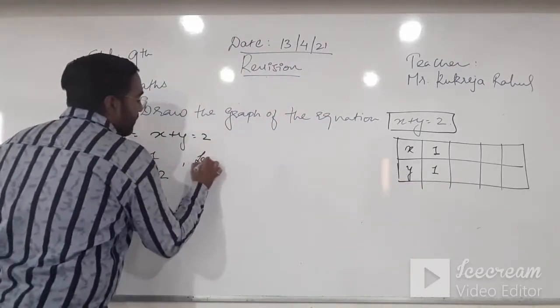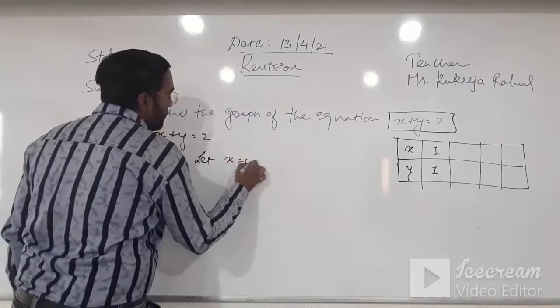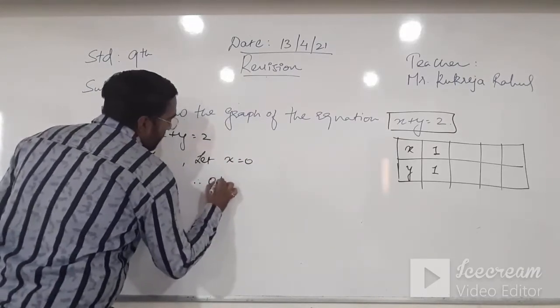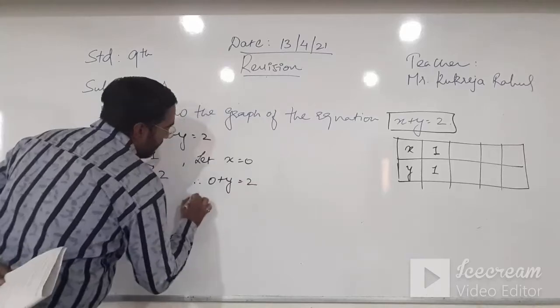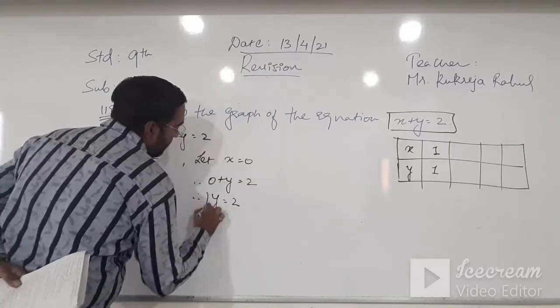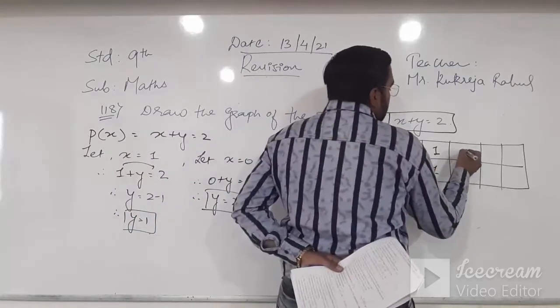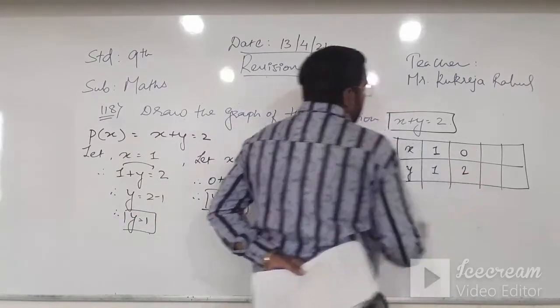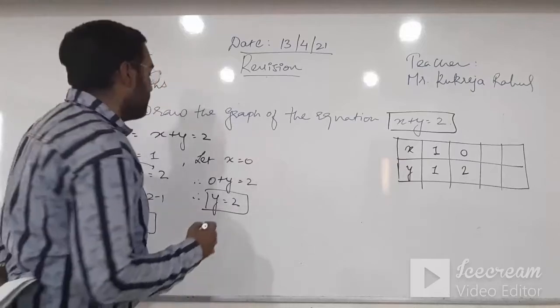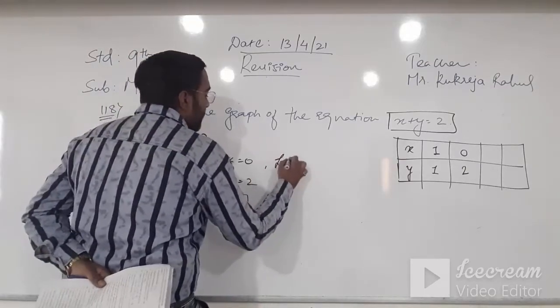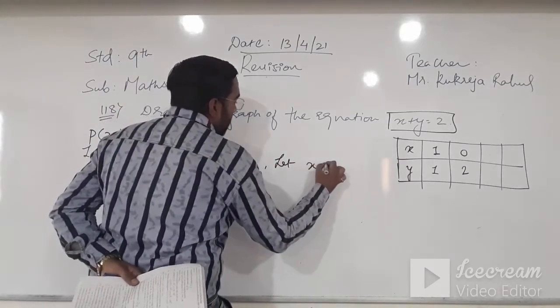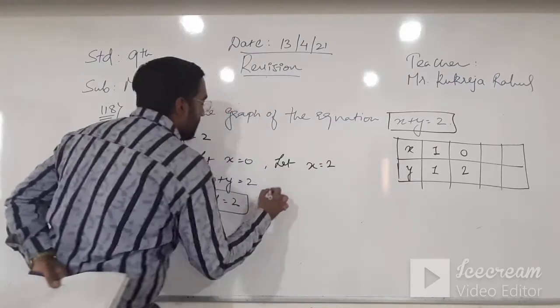Okay, now for the second, let x equal 0. Therefore 0 plus y is equal to 2, so the value of y is equal to 2. Clear? So if we take x as 0, then y is equal to 2. Now let x equal 2.